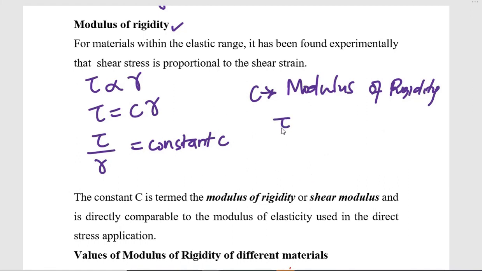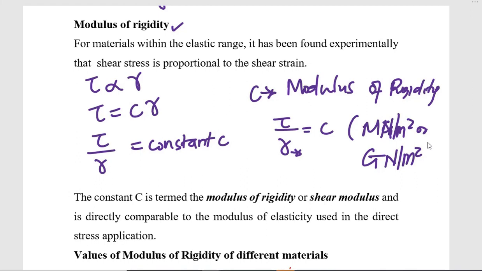So we have said this is tau out of gamma is equal to c, and that means if this is in radians and this is in, for example, maybe kilonewton or meganewton per square meter, it means this modulus of rigidity is also going to take the units of stress, of shear stress, which may be meganewton per square meter, but it is always found out that materials have a value which is given as giganewton per square meter.